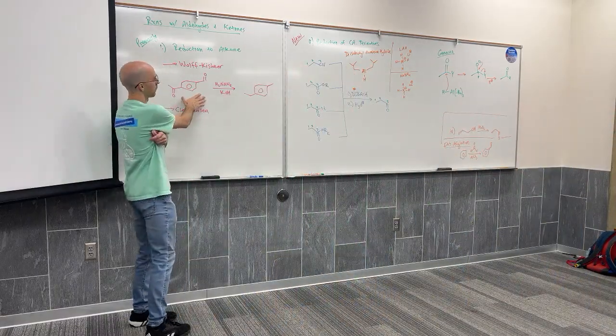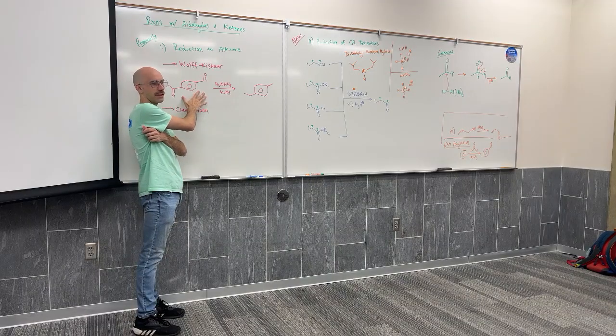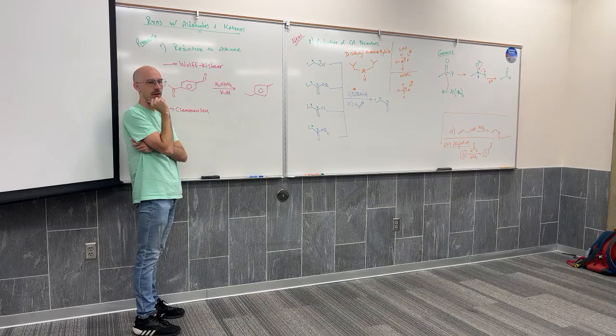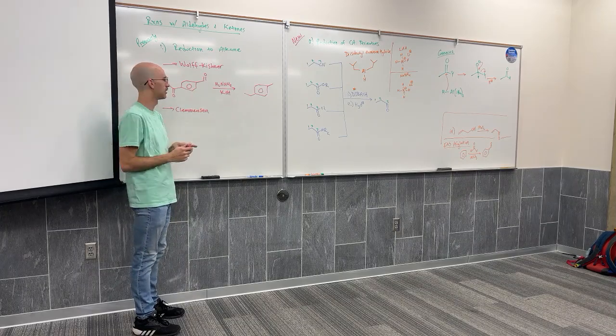What I don't like about this example, if you come back and look at it, you're only going to think that Wolff-Kishner reduction occurs at benzylic carbonyls, because both of these examples are benzylic. And that's just not true. So what could we do to clarify that Wolff-Kishner doesn't have to be benzylic?